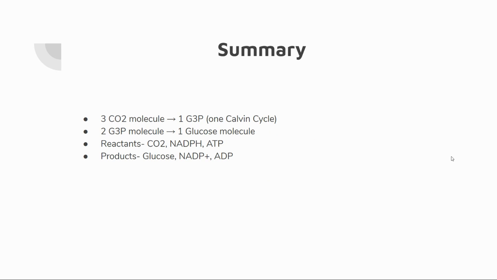So, summary: 3 carbon dioxide molecules will give us 1 G3P, or 1 Calvin cycle. 2 G3P molecules, or 2 Calvin cycles, are needed to create 1 glucose molecule. The reactants of the Calvin cycle are carbon dioxide, NADPH from the light-dependent reaction, and ATP from the light-dependent reaction.